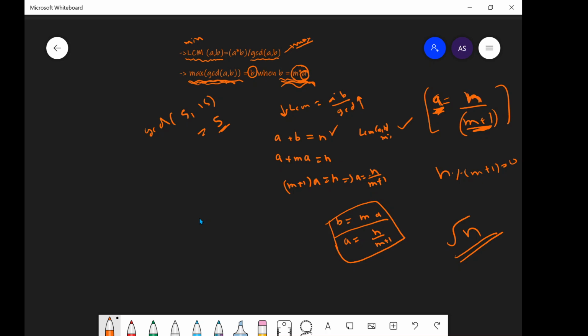We just need to find the factor such that m plus 1 divides n.